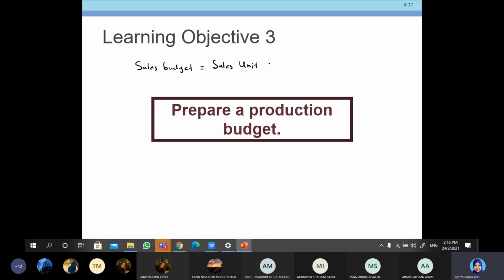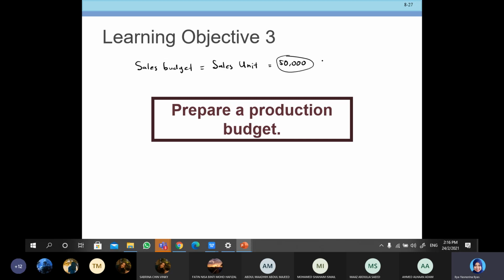Let's say the sales unit that you identify for that quarter is 50,000. Can you ask the production unit to just produce 50,000 units? Can you do it like that?